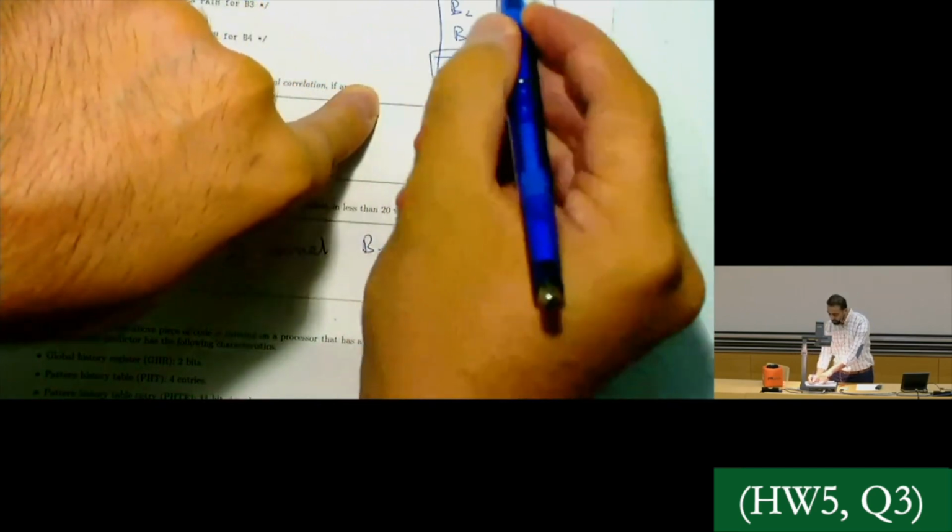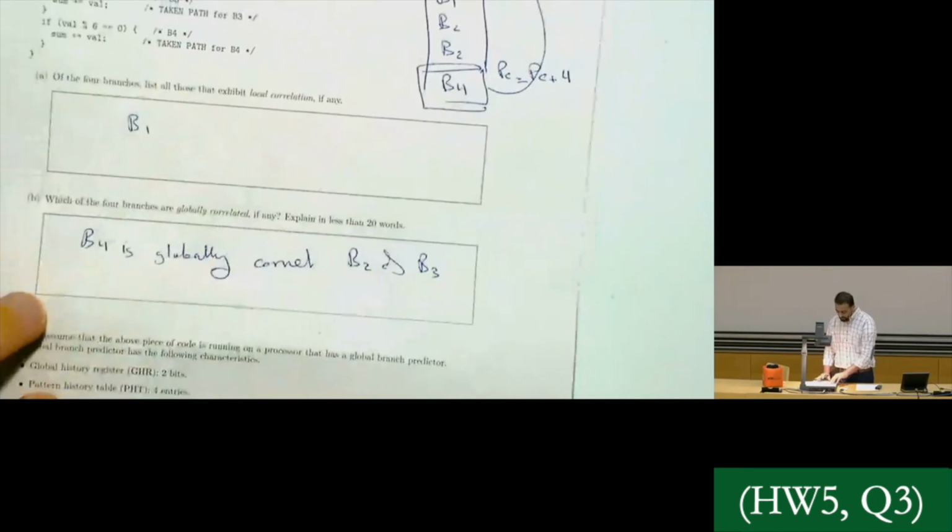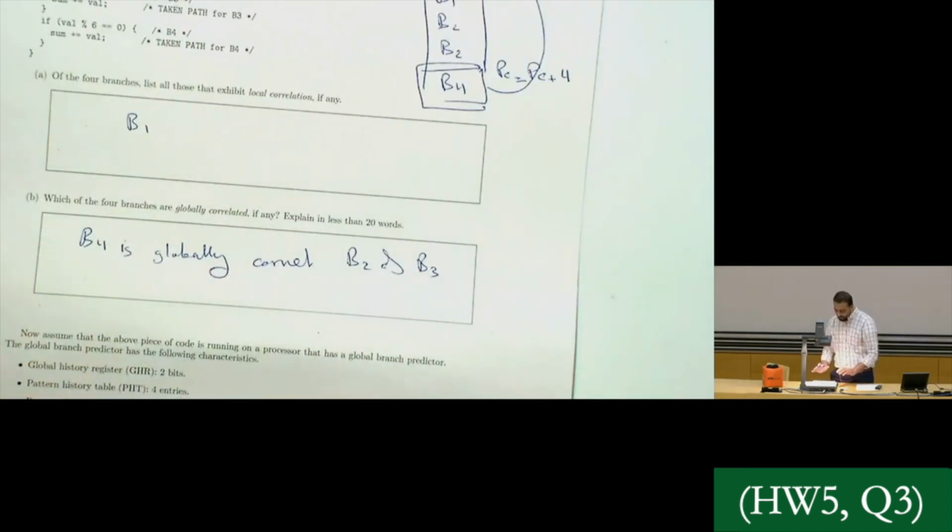This one could be placed before, right? So anyway, the thing here is that if branch 2 and 3 are taken, then for sure branch 4 should be taken, right? And the other way around, if B4 is taken, then B2 and B3 for sure should be taken, right? Because any value that's a multiple of 6 is a multiple of 2 and 3 as well. So straightforward.